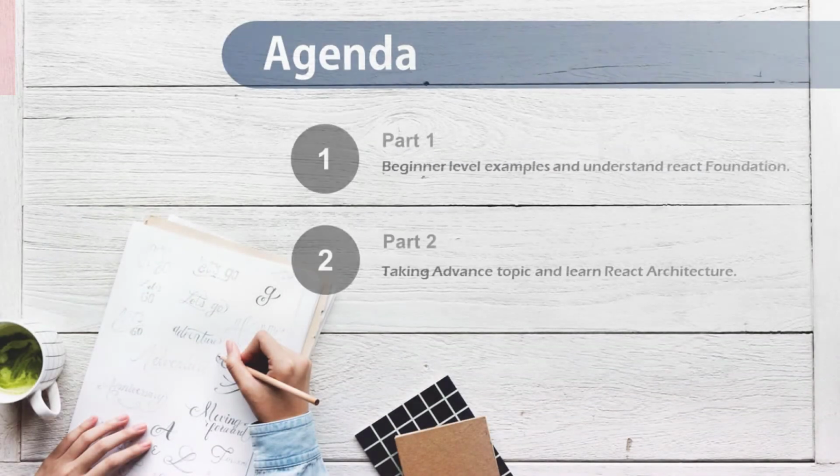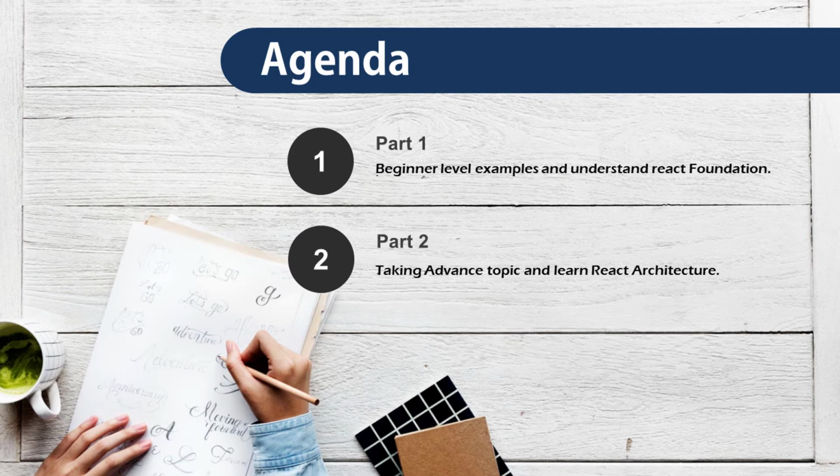The course structure is as follows. This course is divided into two parts. In the first part, we are going to take beginner level examples and understand React foundation. We are going to build a solid foundation of React and then move on to the second part of the course.